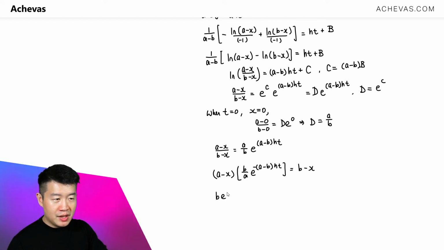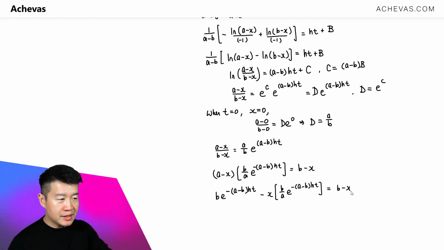So it will be b e to the power of -(a - b)ht. This multiplied by this is going to be minus x of this. So b over a e to the power of -(a - b)ht. This is equal to b - x.